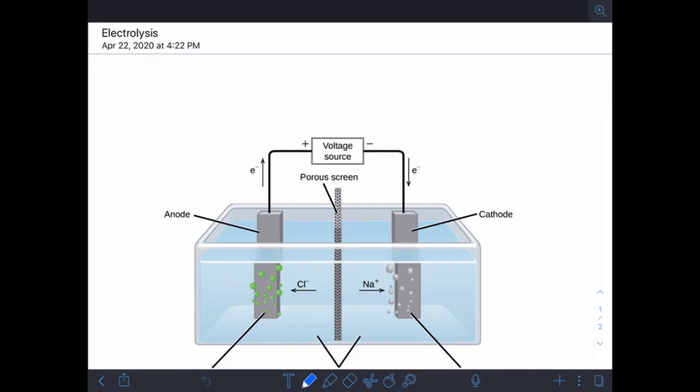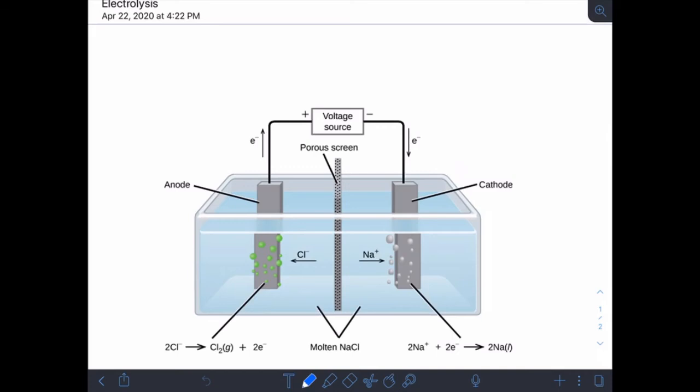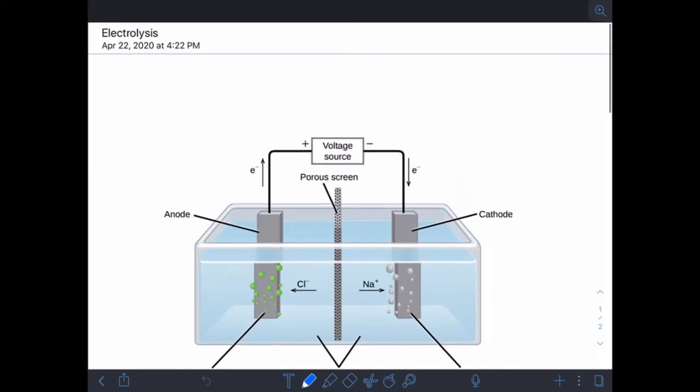Our last topic in this chapter is electrolysis. Our first thing that we want to look at in the topic of electrolysis is an electrolytic cell that runs in molten salt. But let's back up a little bit and talk about what electrolysis means.